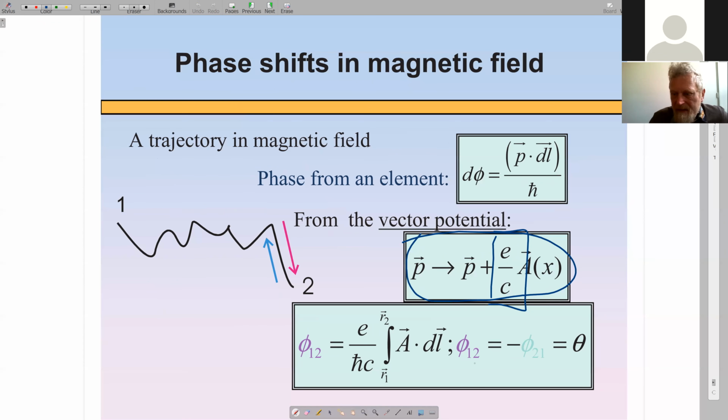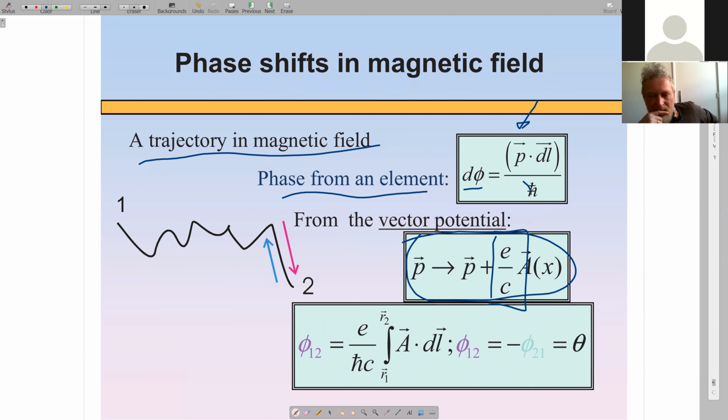All right, to get the full phase, let us see, we take a trajectory in the magnetic field, and we can integrate over it. We can integrate over elements. So at each element we have momentum, which is the wave vector, I divide it by h bar, in the direction of propagation. Fine, that gives a full phase.